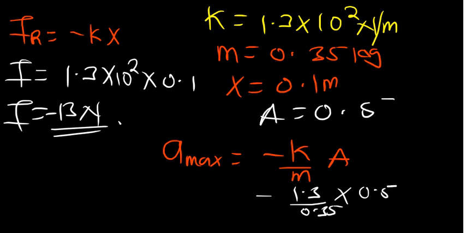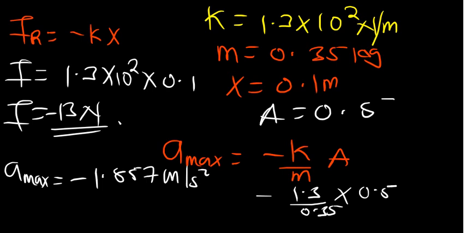What are you getting? I'm getting 1.8, not 1.5. 1.3 times 0.5 divided by 0.35, I'm getting 1.85. Yes, please. 1.857. So acceleration is always in meters per second squared. Thank you.